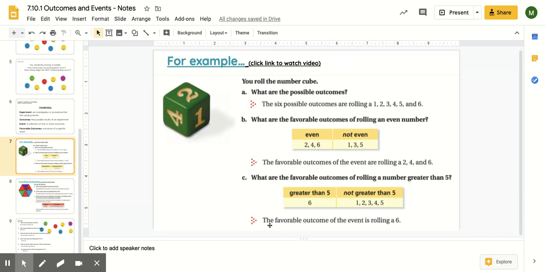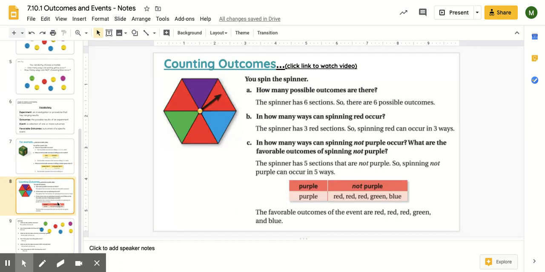So you would respond by saying the favorable outcome of the event is rolling a 6. So this is what are the outcomes and the favorable outcomes. This is like a list of what the outcomes are. If we go to the next slide, we will talk about counting our outcomes.